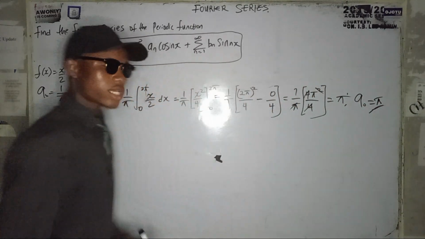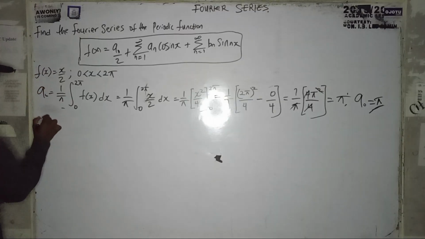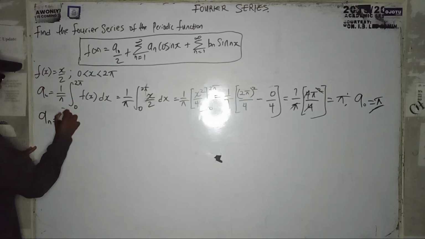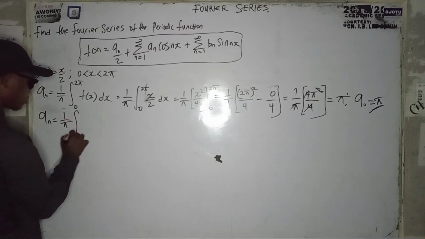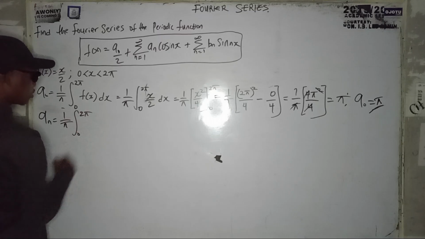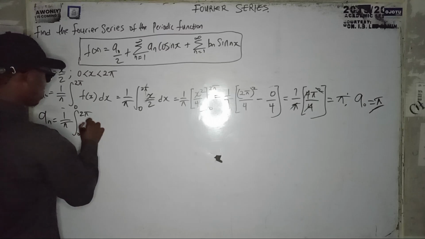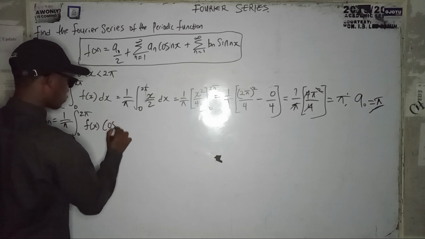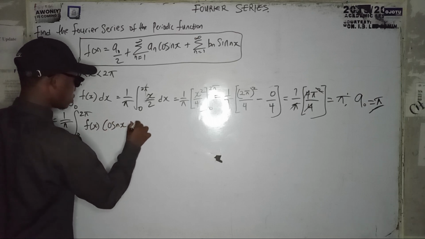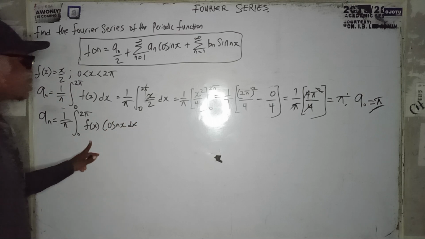So what we need to get next is our an. Our an is equal to 1 over pi times the integration from 0 to 2 pi of f of x cos nx dx. What is our f of x?